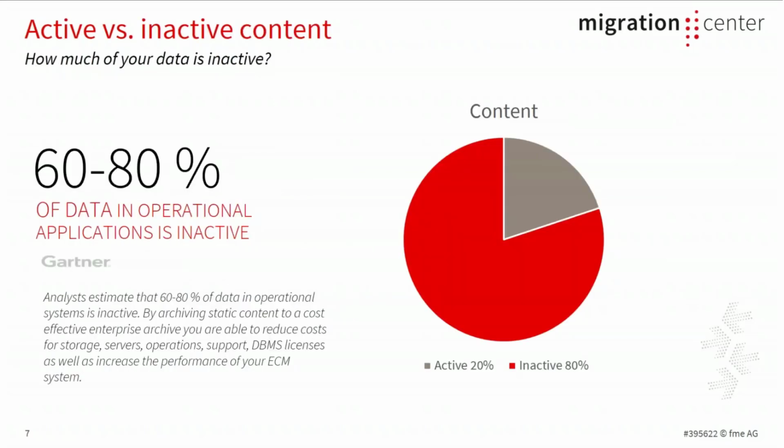You may have heard this one already. It's about active and inactive data, according to Gartner. Gartner analysts said that 60 to 80% of the data inside an existing repository in your company consists of about 20% active data and 80% inactive data.